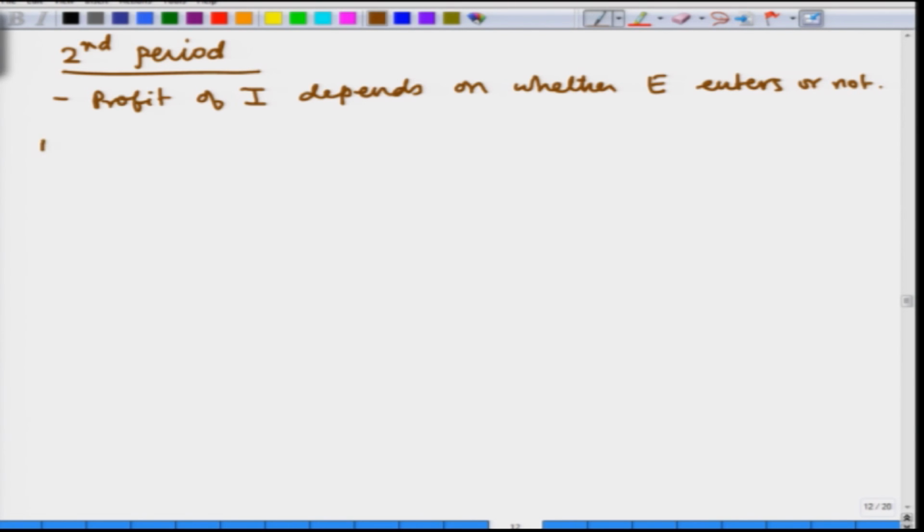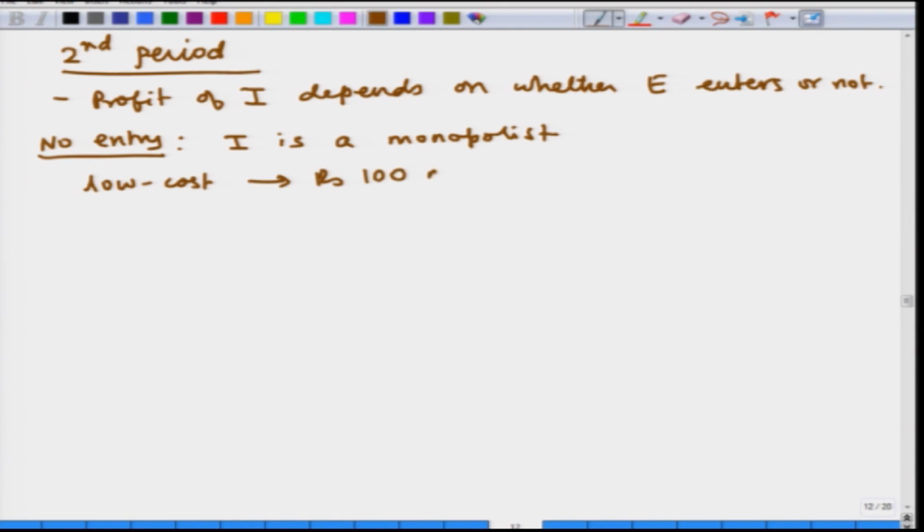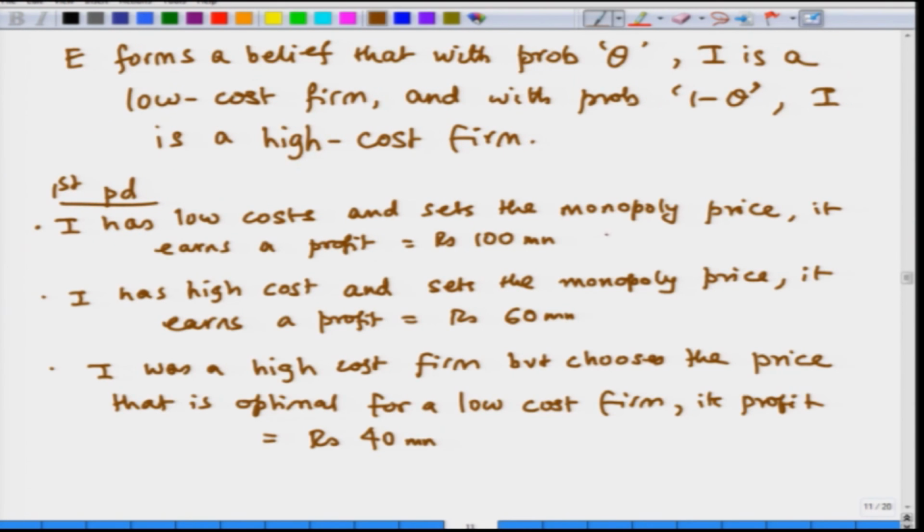So, if there is no entry, then I essentially is a monopolist at t equal to 2, and if it is a low cost monopolist, it will earn 100 million, and if it is a high cost firm, it will earn rupees 60 million, just as we had here, right. So, if it is a low cost firm, I will earn 100 million, if it is a high cost firm, I will earn 60 million.